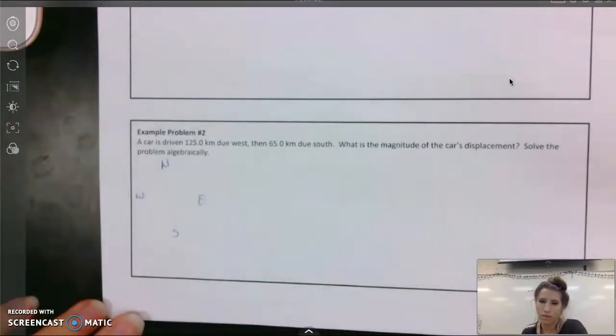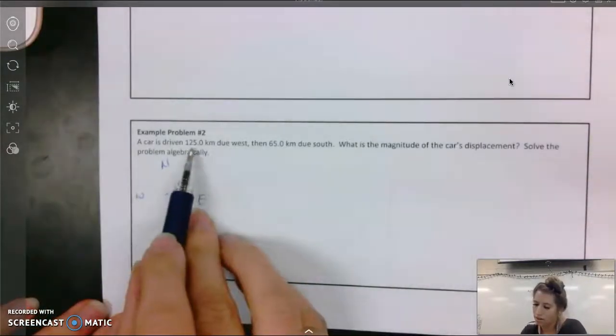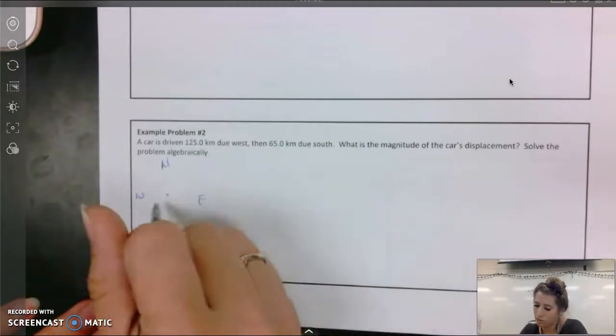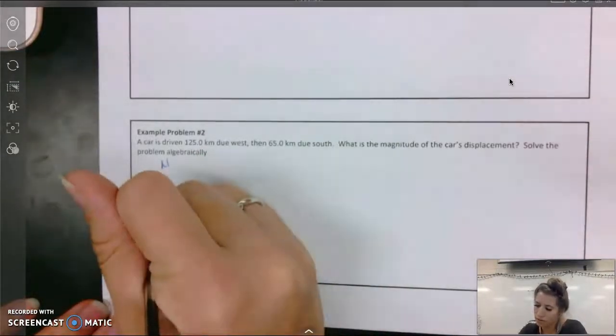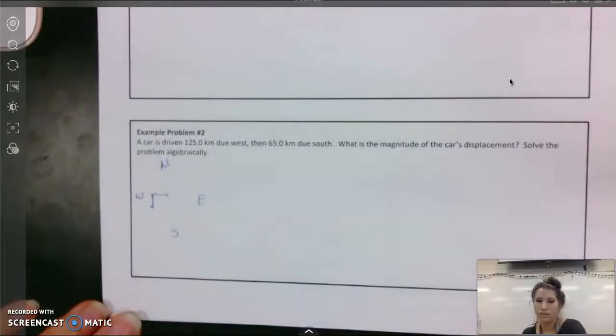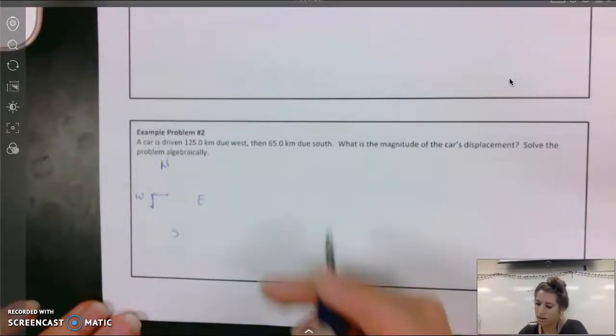Okay, if this is my coordinate system and I'm starting right in the middle, the car drives 125 kilometers west, and then 65 kilometers south. Now this is kind of small, I'm going to make it bigger, but I just want to show that we're dealing with a right angle here.